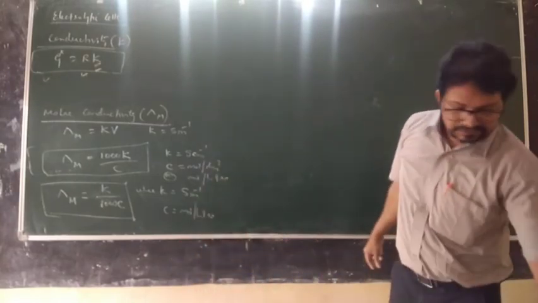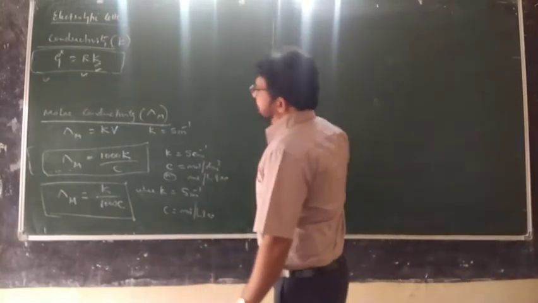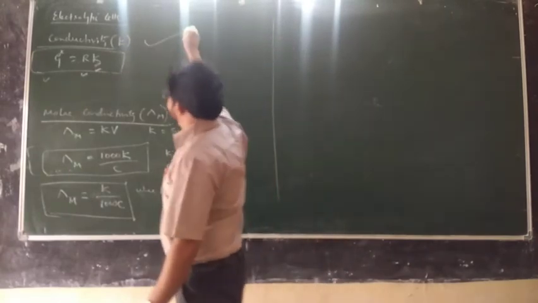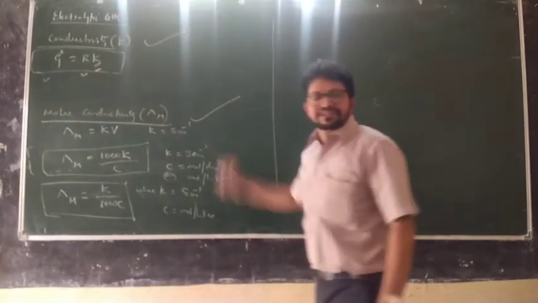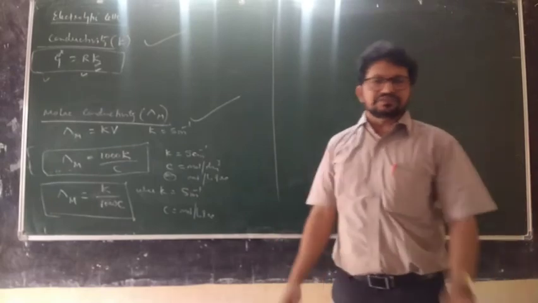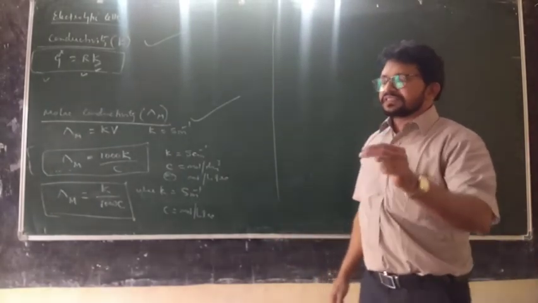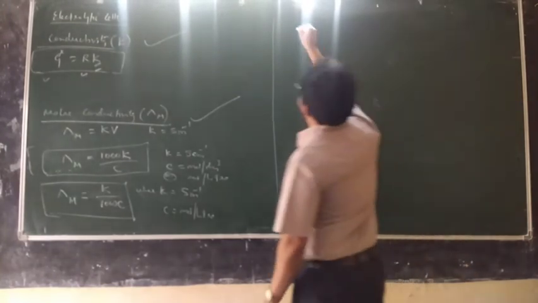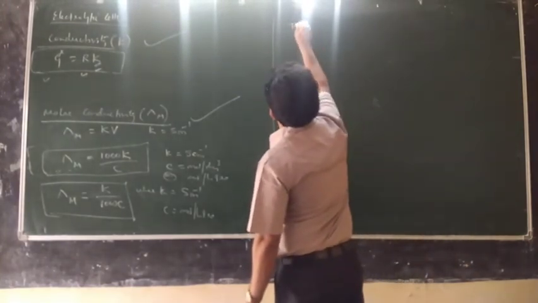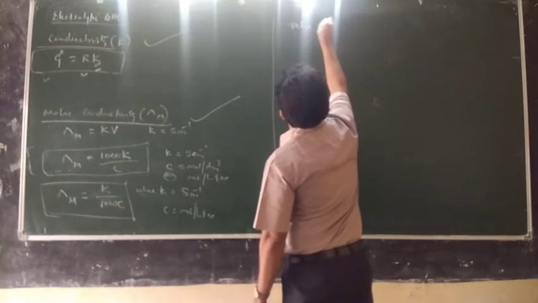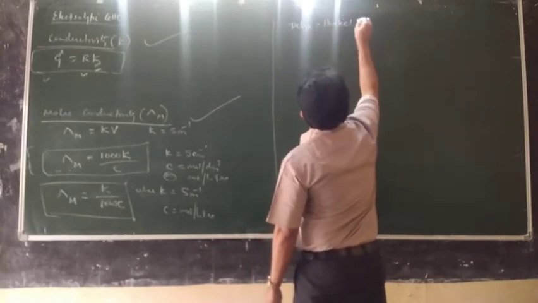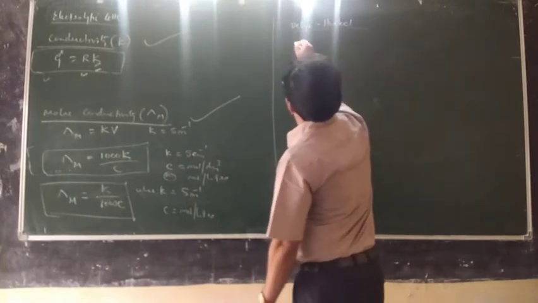See here, for strong electrolytes and weak electrolytes, measurement of conductivity and measurement of molar conductivity, graphs and all are there, which we will see in the problems. So only one equation, that is the Debye-Huckel-Onsager equation.